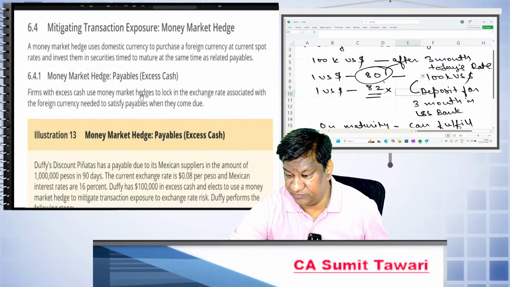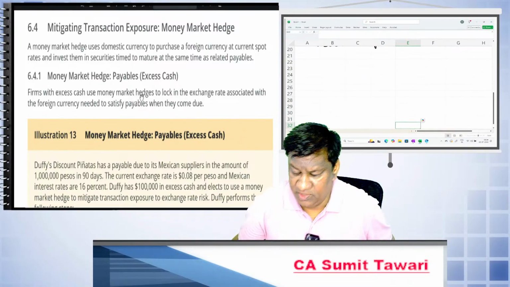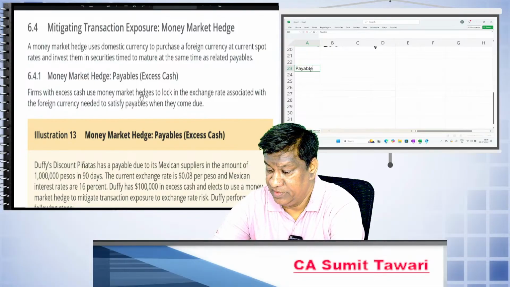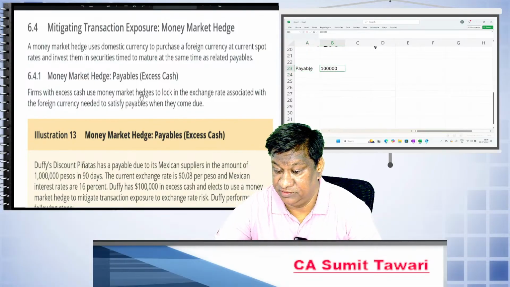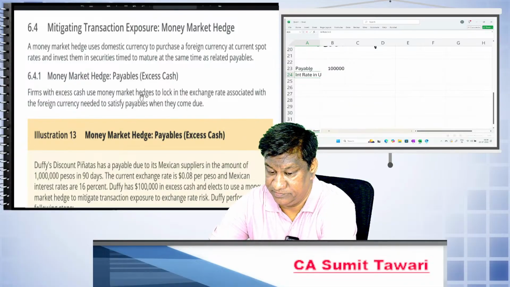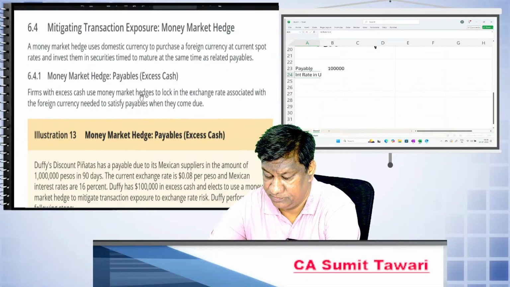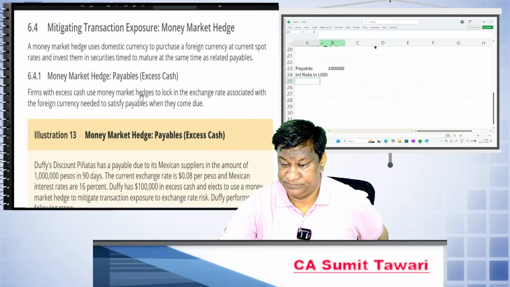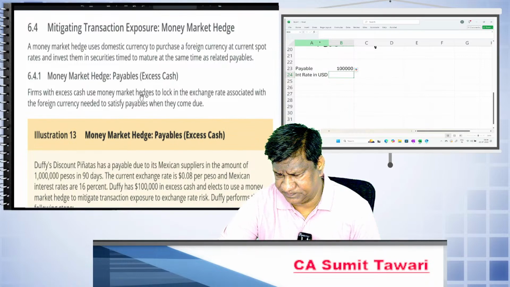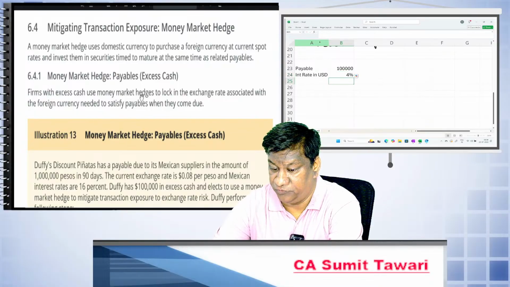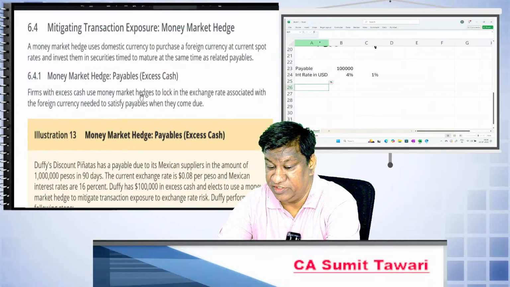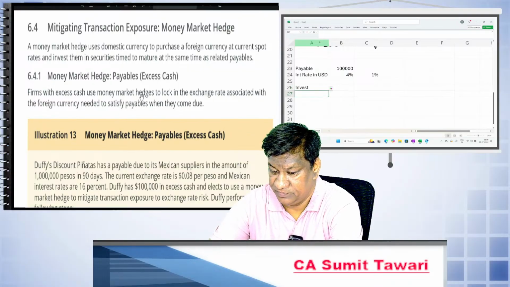So we can work this out in Excel. In the same example, the payable amount is 100,000. The interest rate in US dollar, I can consider 4%. So for one quarter it is 1%. How much do I need to invest in FD?